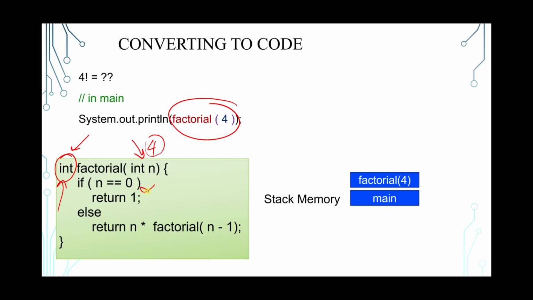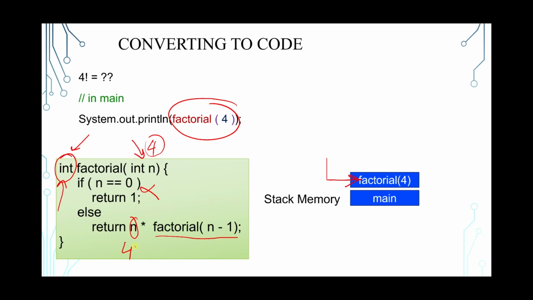Is 4 equal to 0? No. So you would do else: return n times factorial of n minus 1. n is 4, don't forget. You would save that for later, saved in here.